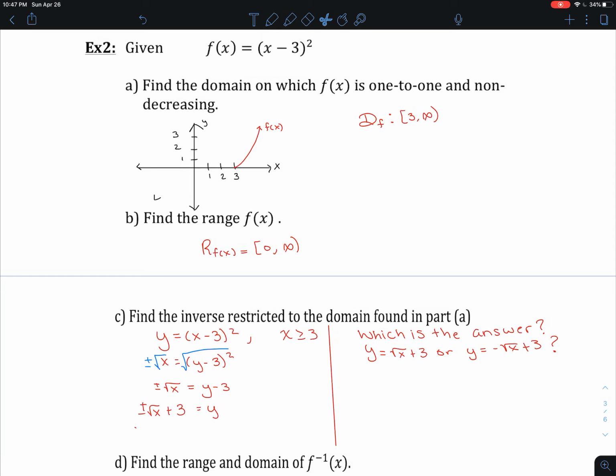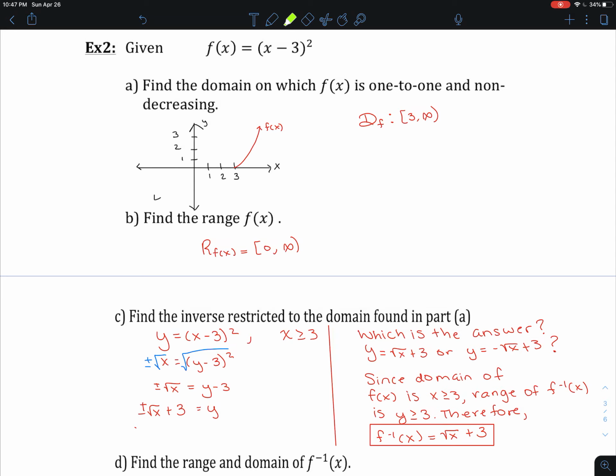So if y has to be greater than or equal to 3, which one is our answer? Keep in mind that for square root of x, the x values have to be greater than or equal to 0, right? So if the x values have to be greater than or equal to 0, then y has to be greater than or equal to 3. And therefore, our answer is the positive one. You could also just look at your graph.